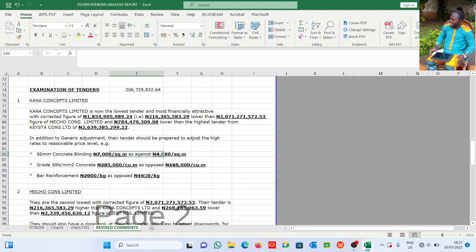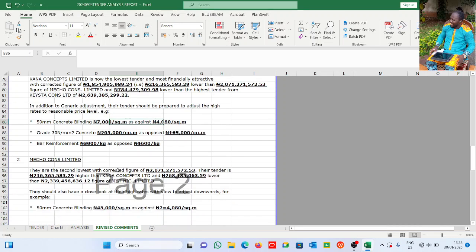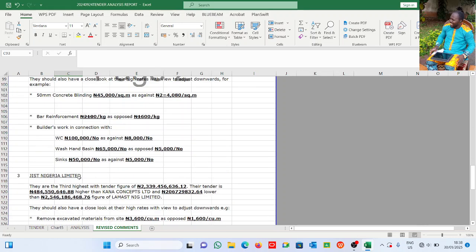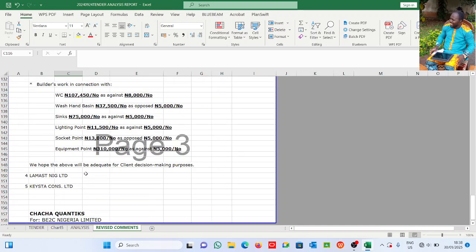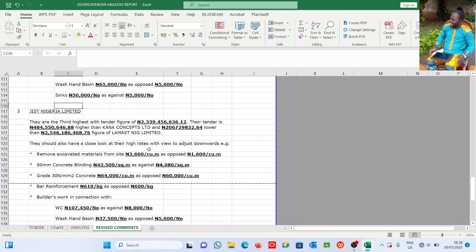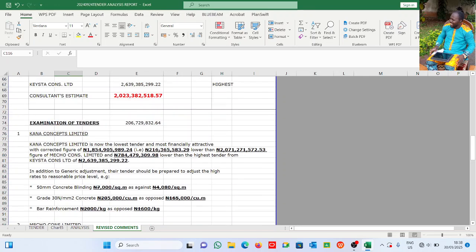You just write a few, the major ones: concrete, reinforcement, formwork, maybe there's steel, maybe roof covering. The same thing you do for all the contractors, for GIST, for Lamast, for Kista. That is how you do it. That is how you prepare your report.